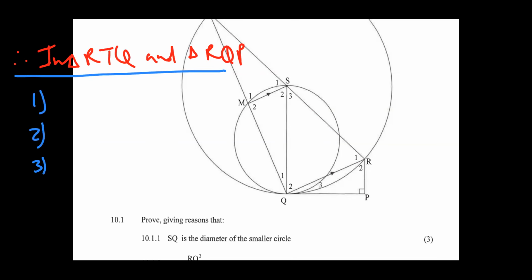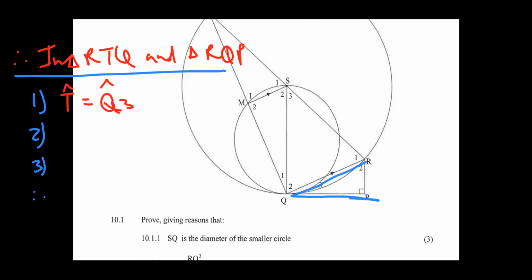So you need to prove at least two angles are equal. The third one will then automatically be equal. I'll start with angle T. I'm going to say angle T is equal to angle Q3, because that's the tangent chord theorem.